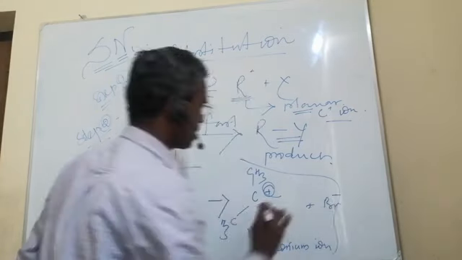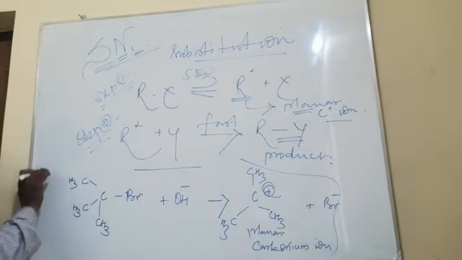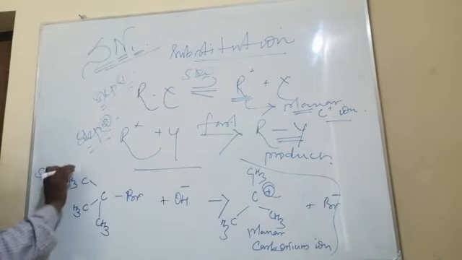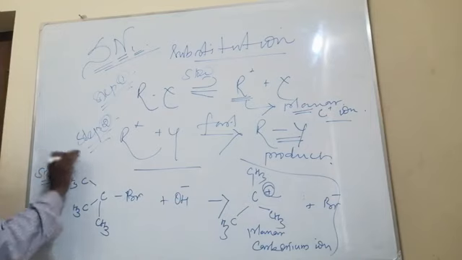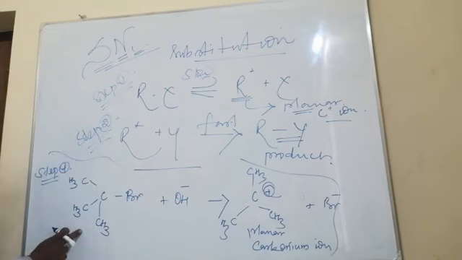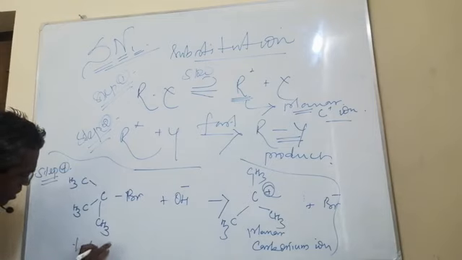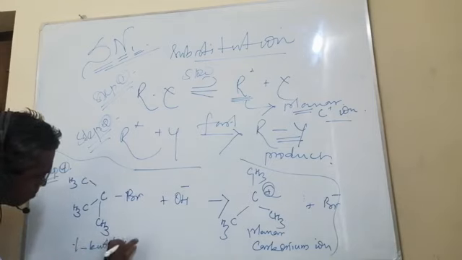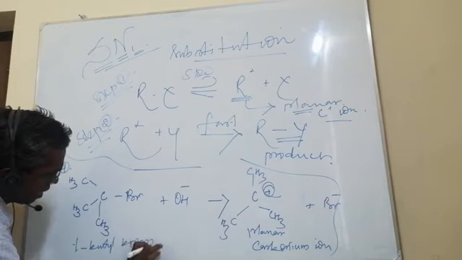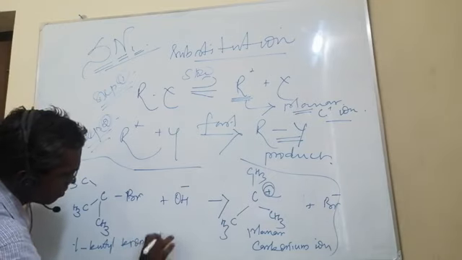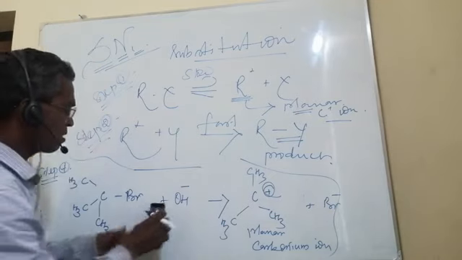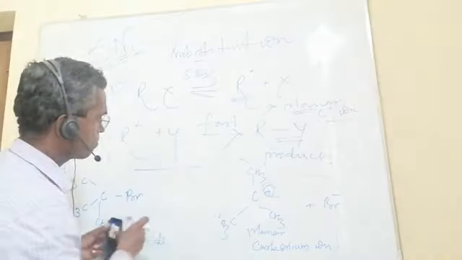This takes place in step number 1. In this specific example, tertiary butyl bromide undergoes ionization in the first step, that is, in the slow step.